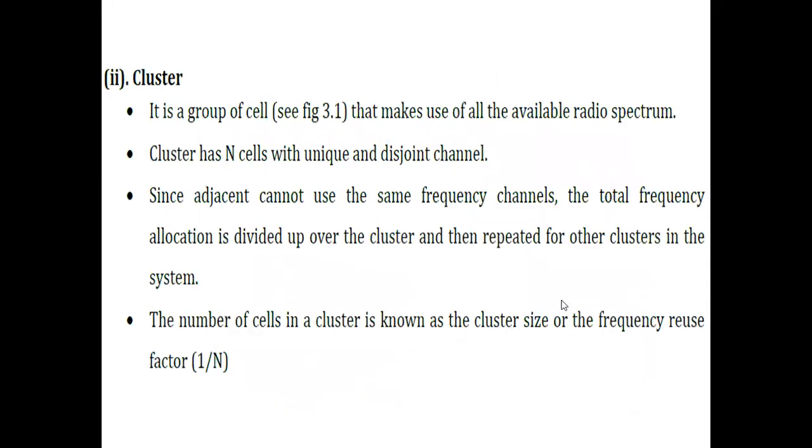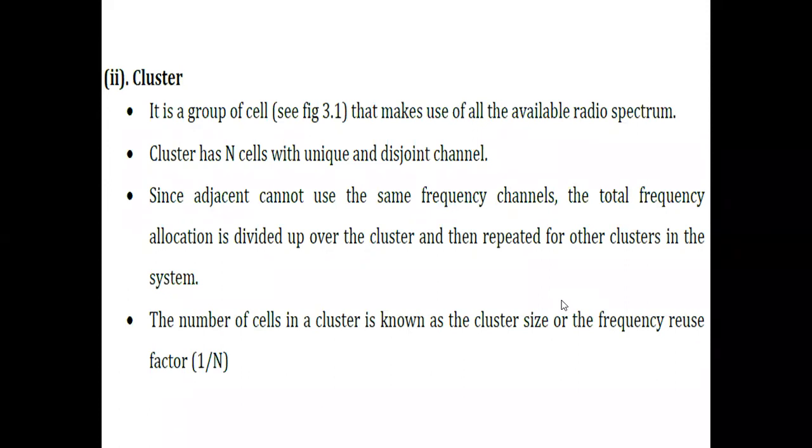A cluster is a group of cells that makes use of all the available radio spectrum. It means the whole area is divided into a number of cells. It can be 4 cells, it can be 7 cells, and that uses all the available radio spectrum. Second, a cluster has n cells with unique and disjoint channels.